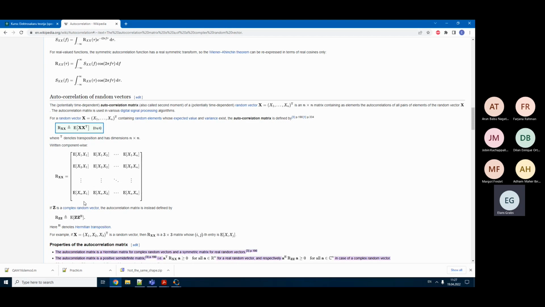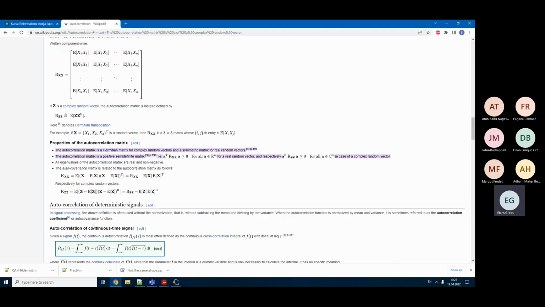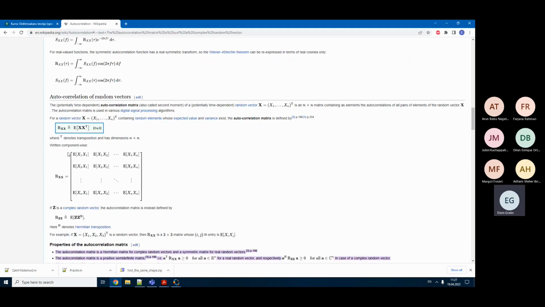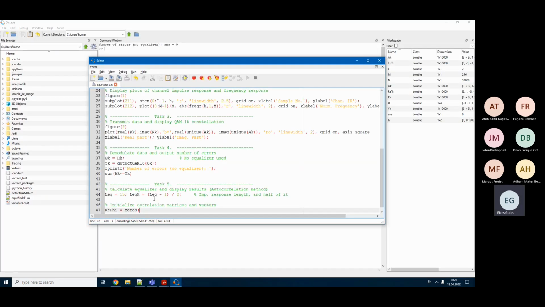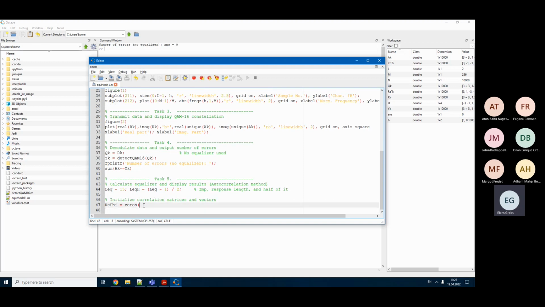Accordingly, we need to calculate all these average values for each row and column position. We will do that by using the existing code provided by the material I have offered you. But initially, we need to specify that it is a zeros matrix with dimensions of the impulse response length of our equalizer. So that's the autocorrelation matrix, real part.